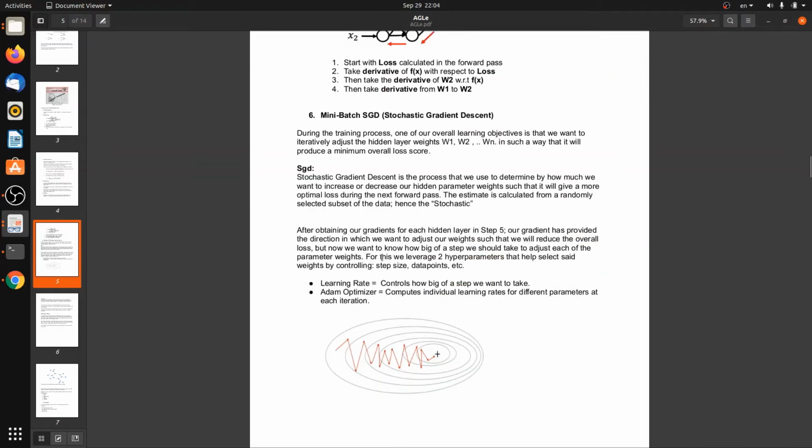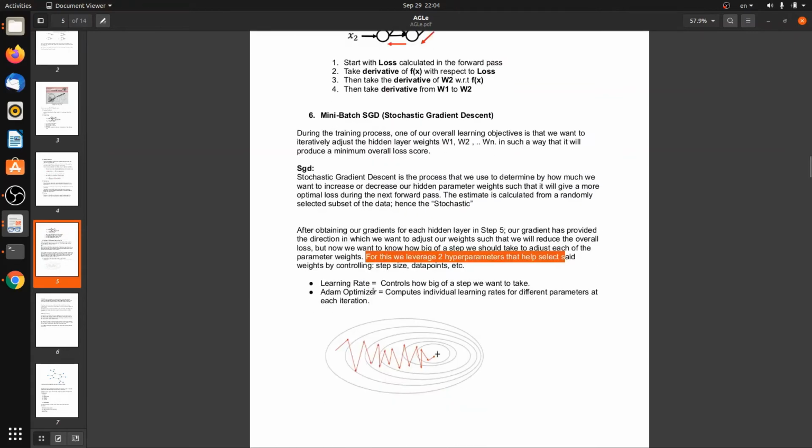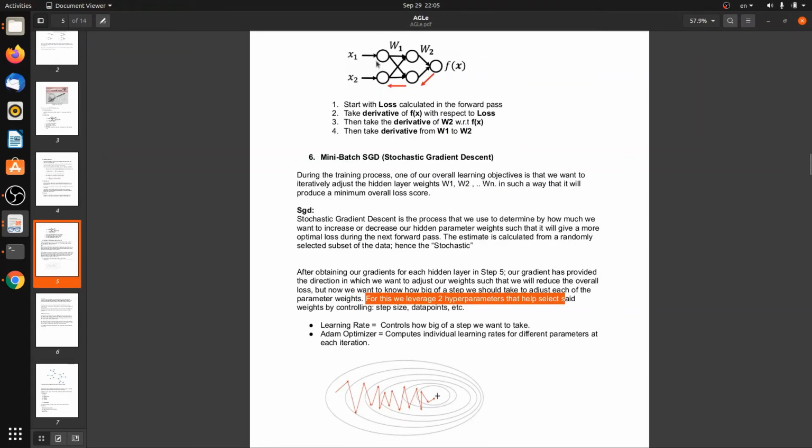So here we're going to introduce 2 additional hyperparameters that help select the direction in which we're going to update our hidden weight parameters. And after the gradient determines the direction in which we're going to update, let's just say positive or negative, we also need to know, okay, by how much do we want to update our weights?